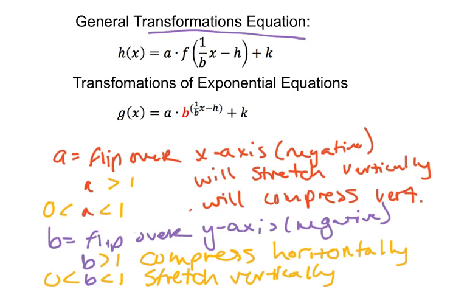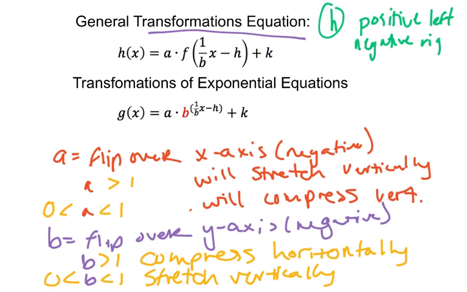Then we also have our h and our k value. So your h value is going to be the opposite. And so if h is positive, it moves something to the left, even though positive numbers feel like they move to the right. And then if h is negative, it moves it to the right.